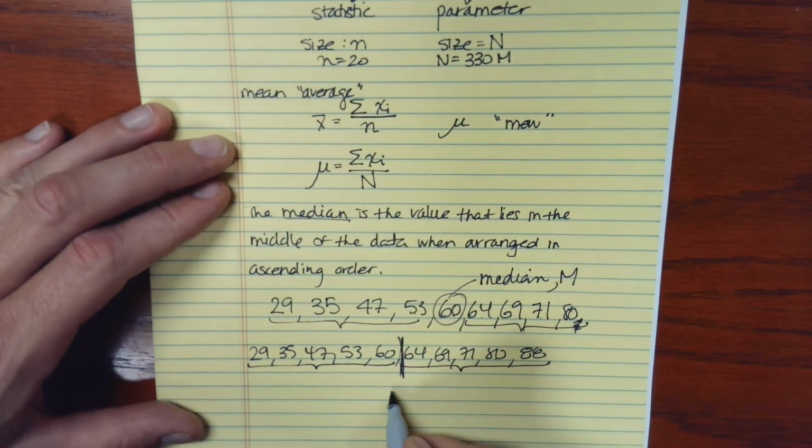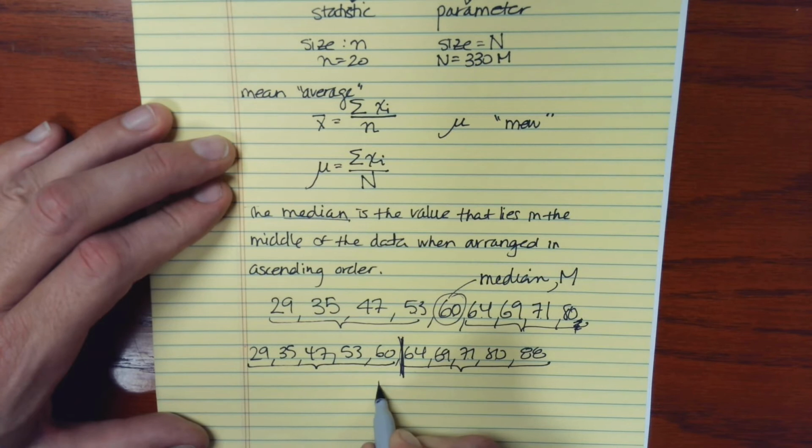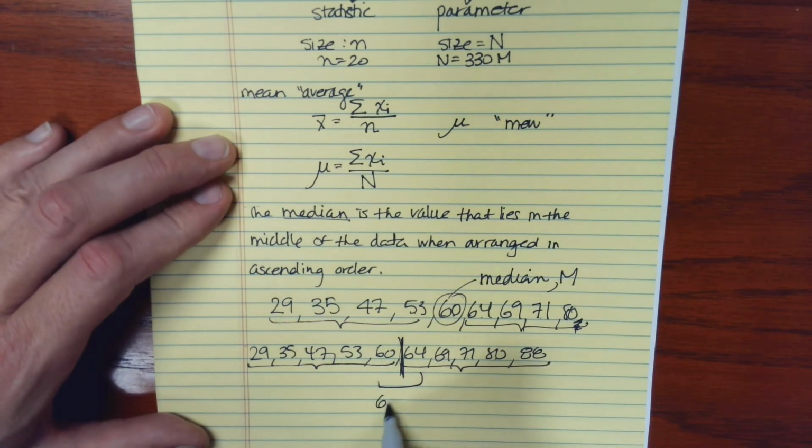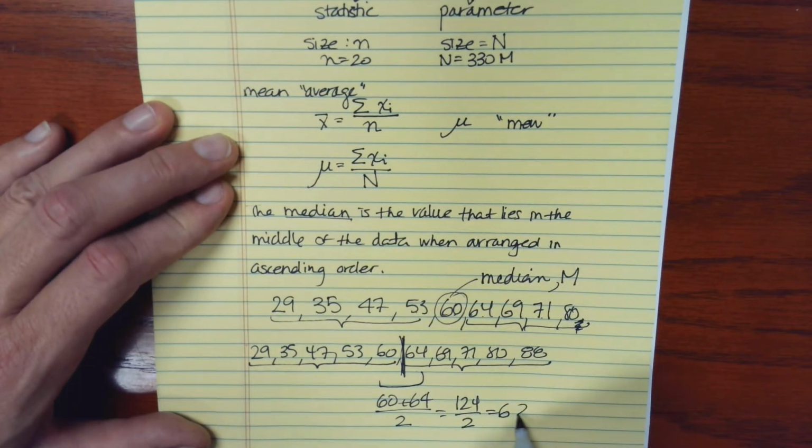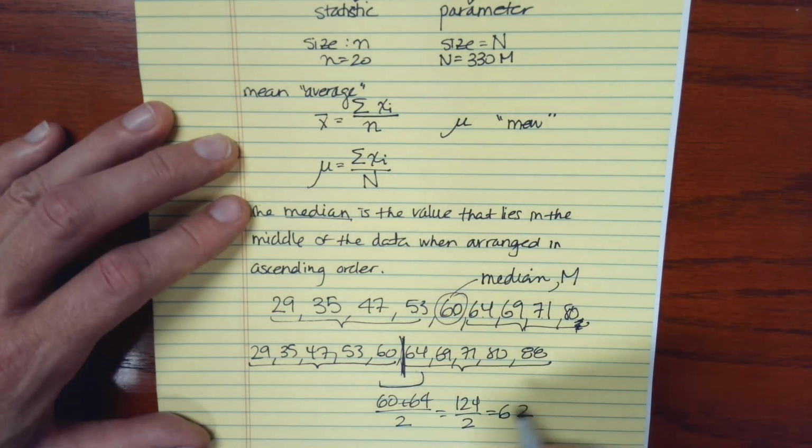In this case, I'll take the average of these 2 values. So I'll average 60 and 64 by adding and dividing by 2. So this would be 124 over 2, which is 62. So the median for this data set is 62.